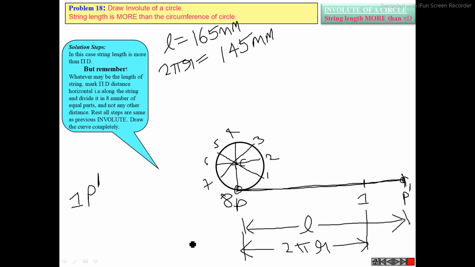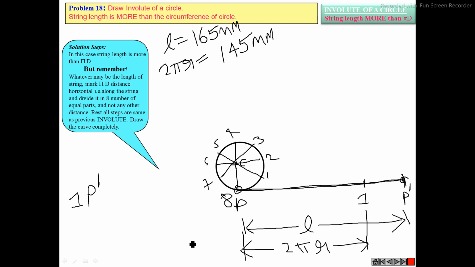The correct answer is that you will always divide the circumferential horizontal length into 8 equal parts to get 8 different locus points of involute. Why?